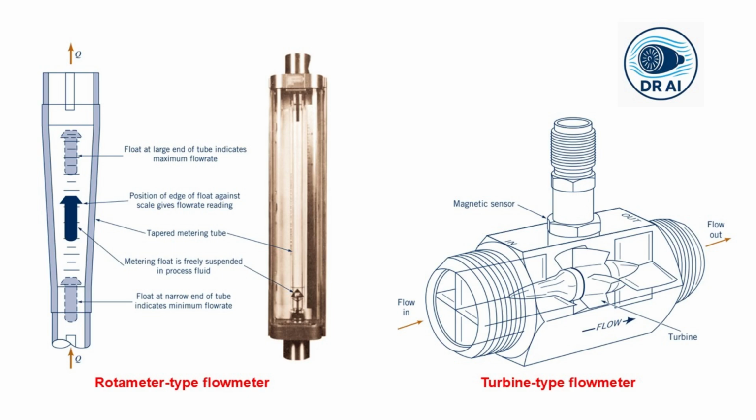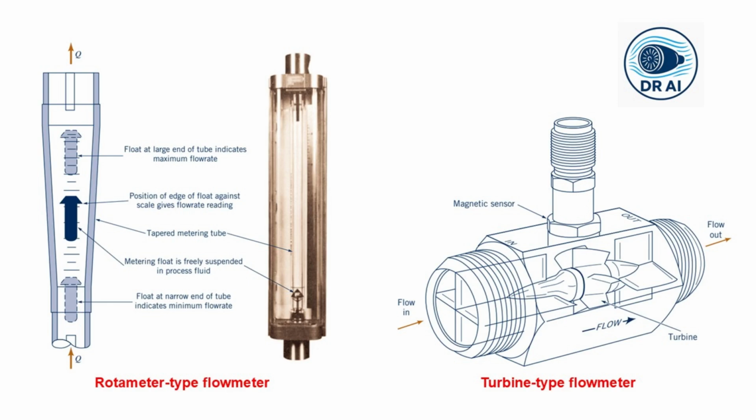The rotameter consists of a tapered transparent tube mounted vertically with a smaller end at the bottom. Inside the tube is a small float. The fluid enters at the bottom and flows upward, pushing the float. As the float rises, the gap between the float and the tube wall gets larger because the tube is tapered.